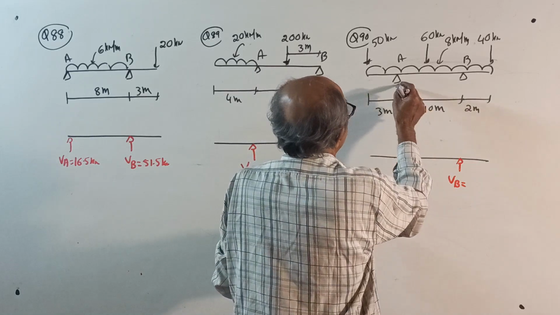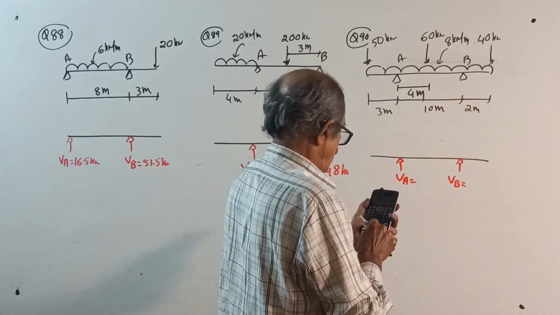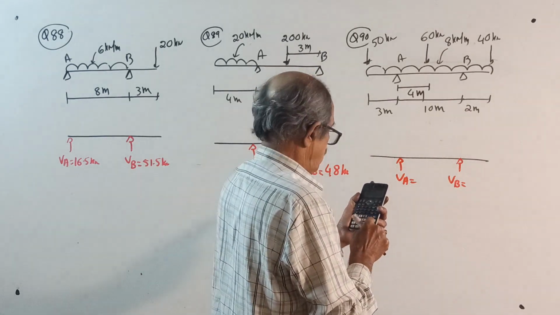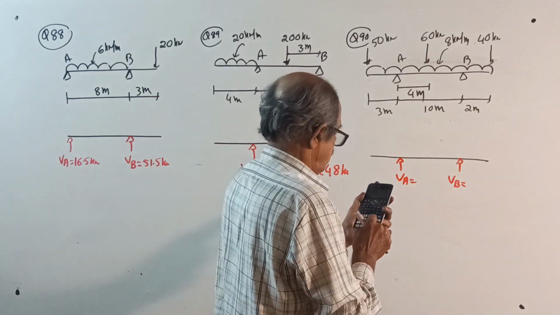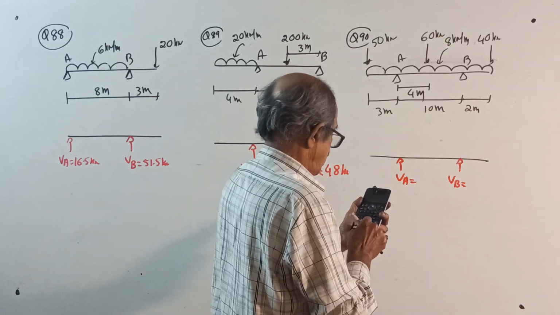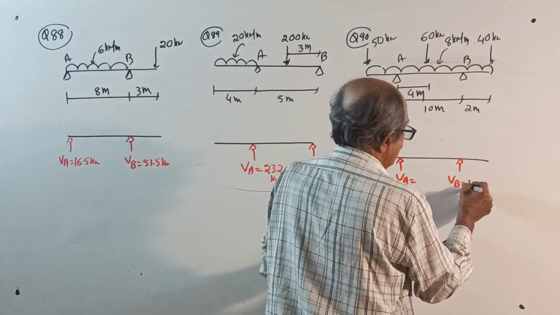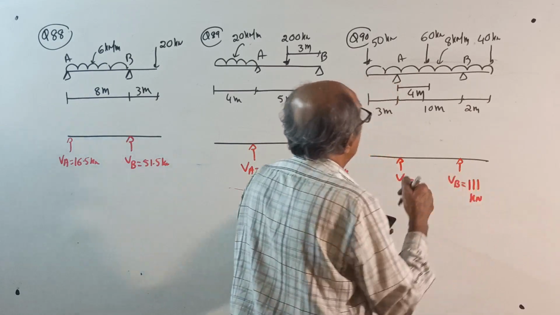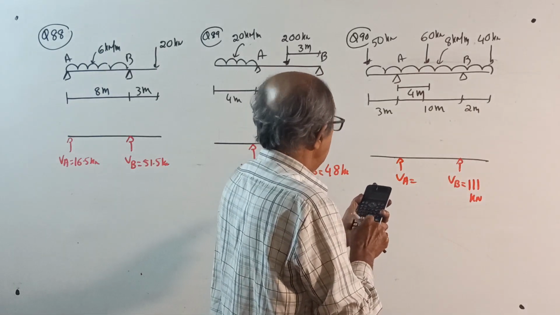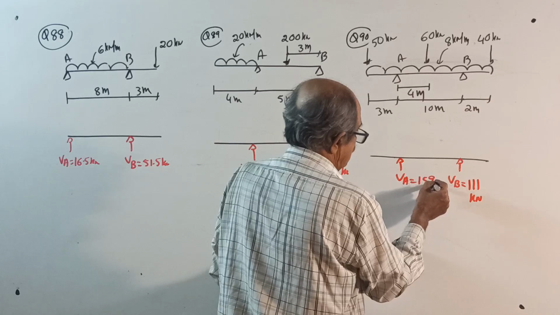Distance not given. This is 4 meter. 4 plus 40 into 12 minus 15 into 3 plus 8 into 111 kilonewton. 111 kilonewton. Other reaction minus 40 minus 110 minus 8 into 15. 159 kilonewton. But I will check the answer.